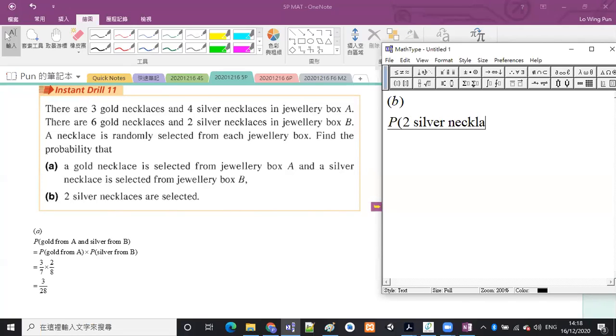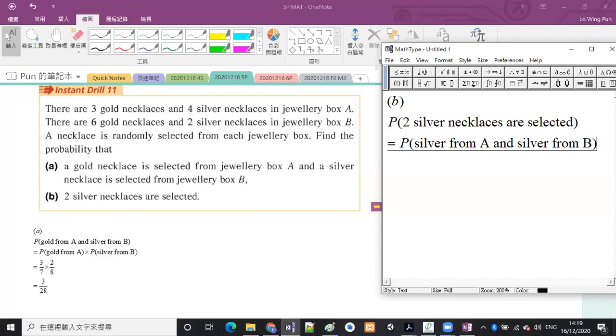That means we need to select 2. Now we select one from A and one from B. So in A we need to select a silver necklace, and we also need to select a silver from B. Can you get this?